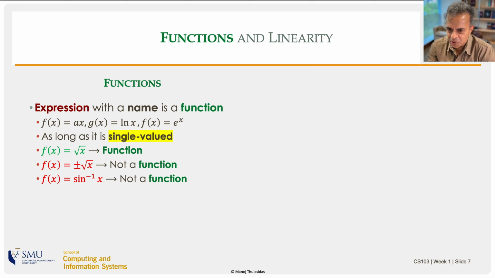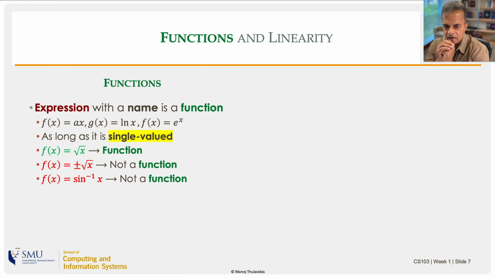Now, in addition to defining a function by assigning any random expression to a label, we require just one extra property. We require the function to be single valued. So if I say f of x is equal to square root of x, then that is a function because we understand square root to give you only the positive square root.